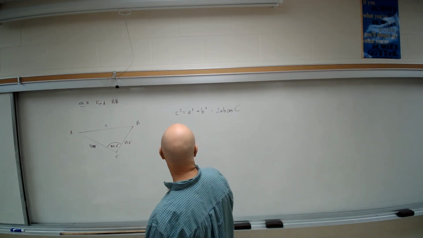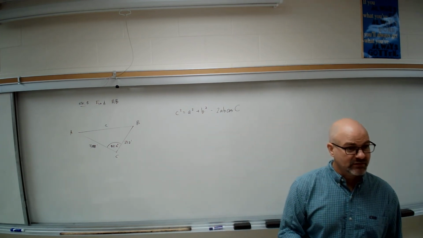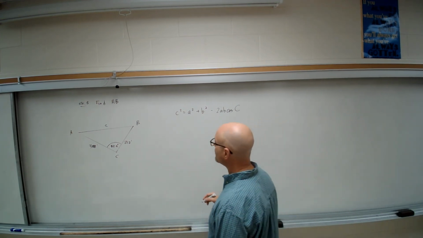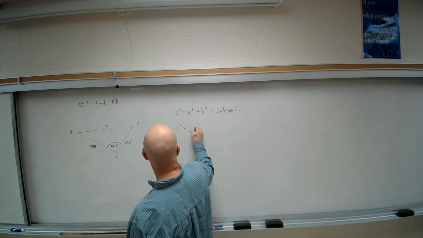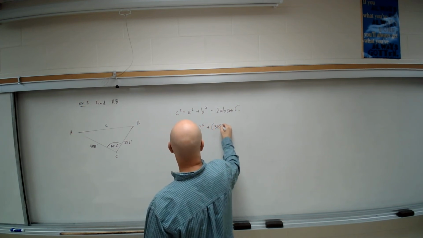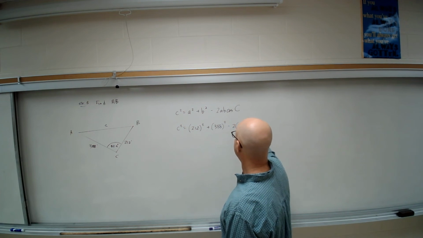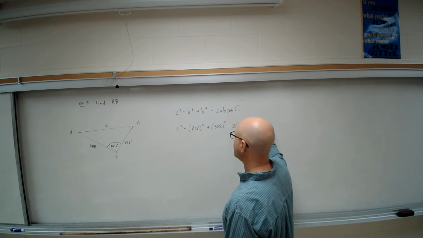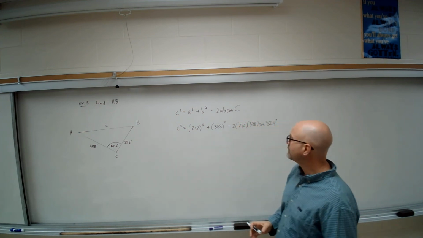And then from here, we're just going to fill in our facts, right? We should be able to get this pretty quickly, I hope. So C squared is, A is 212 squared plus 388 squared minus 2 times 212 times 388 times the cosine of 82.4 degrees.